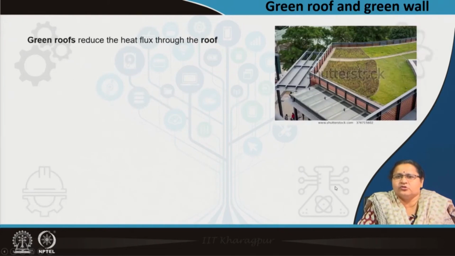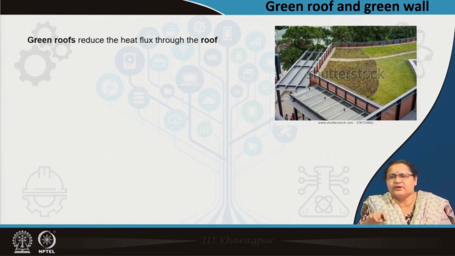Now, let us also discuss green roof and green wall. Is it really giving you insulation? So, when it is a green roof, yes, it reduces the heat flux through the roof, but it has multiple layers of different things, so that water does not enter or there is no leakage. There should be drainage, there should be soil, there should be a layer for the roots, how the roots of the plants will grow.